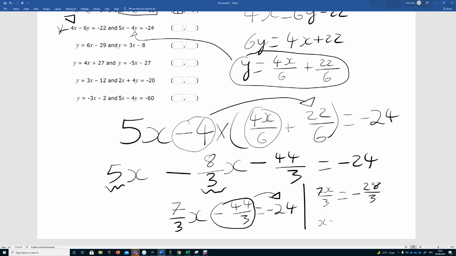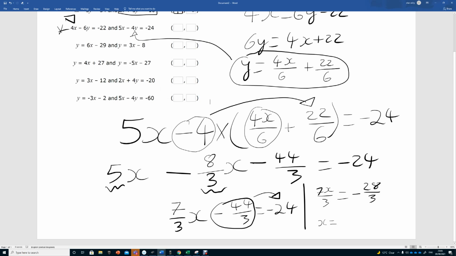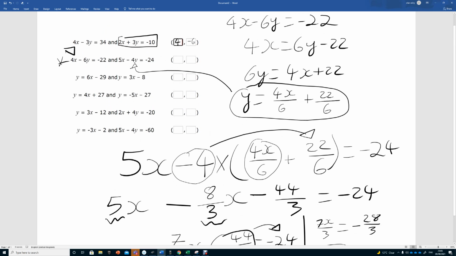So what I'm going to do now is minus 28/3, divided by 7/3 to get x on its own, which is going to give you minus 4. Just showing you the calculator, to show you the calculator can help you with these if you're not too sure of the fractions. So x is minus 4.